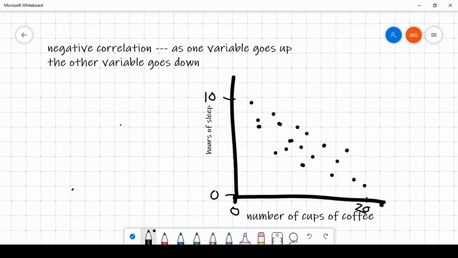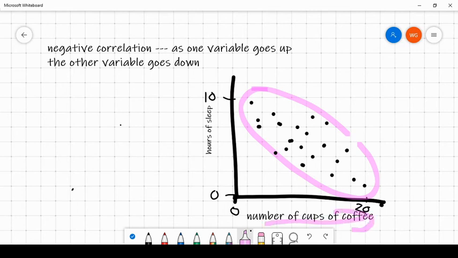We would find that as you have more cups of coffee, your hours of sleep tends to decrease. And so what we see is a downward trend. We see a graph that as you look at it, as the number of cups of coffee goes up, the hours of sleep goes down.